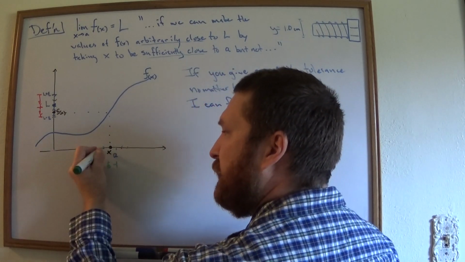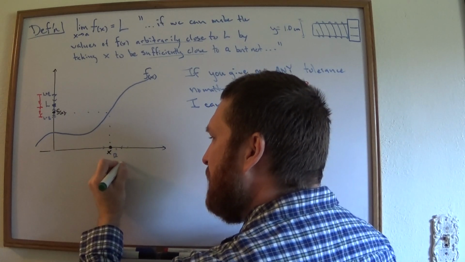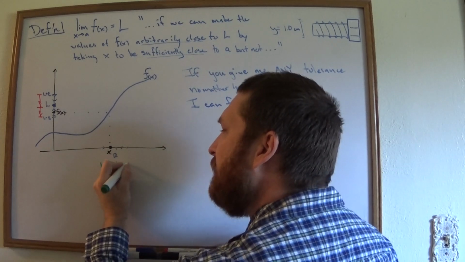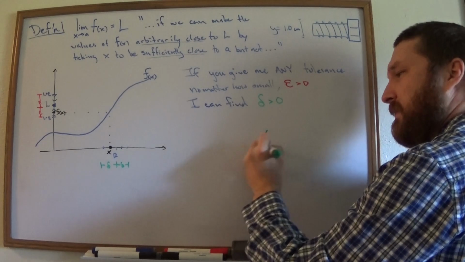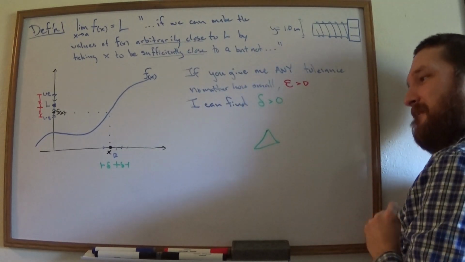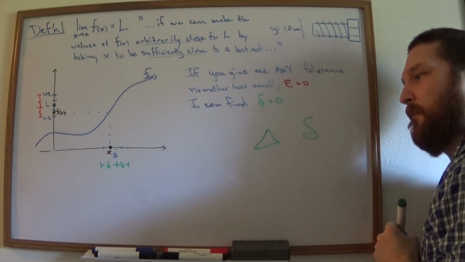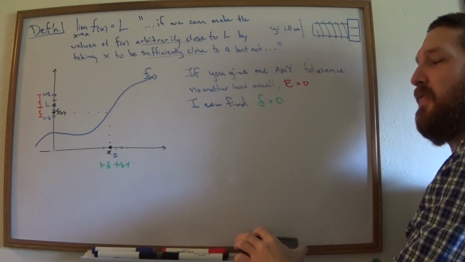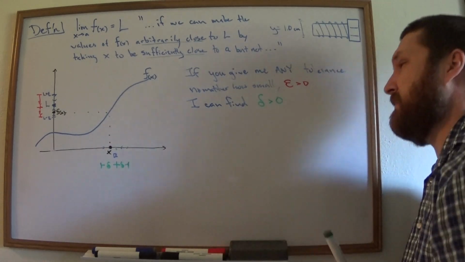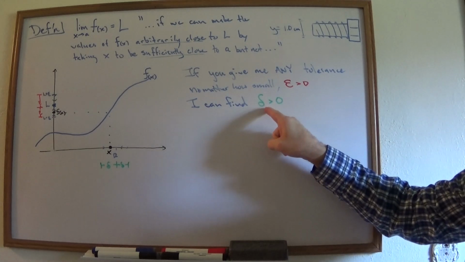This, by the way, is the Greek letter delta. And if you're within delta units of A, capital delta is a triangle. Lowercase delta is that. Good. And in Greek it would be delta, by the way. So anyway, then I could find another tolerance, basically.